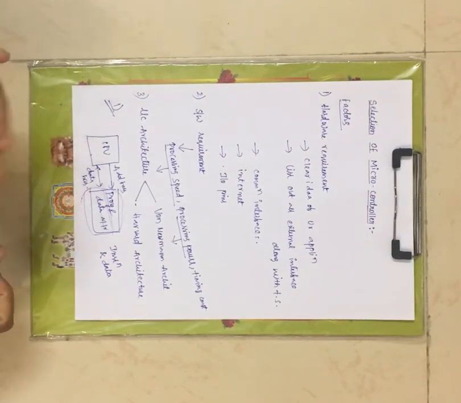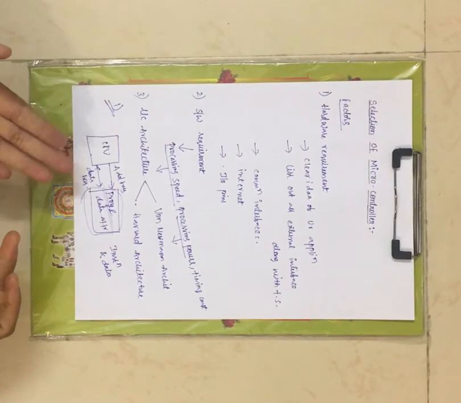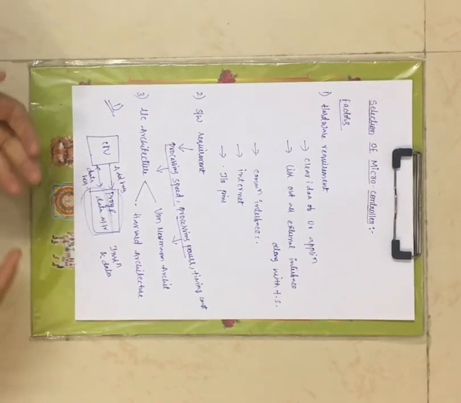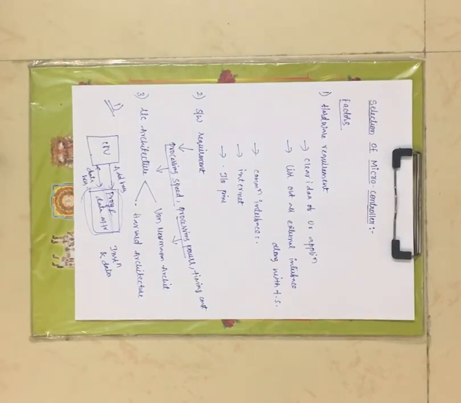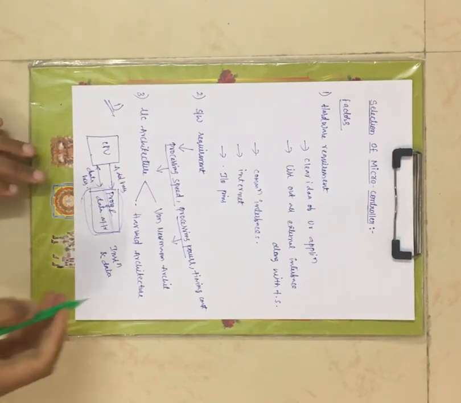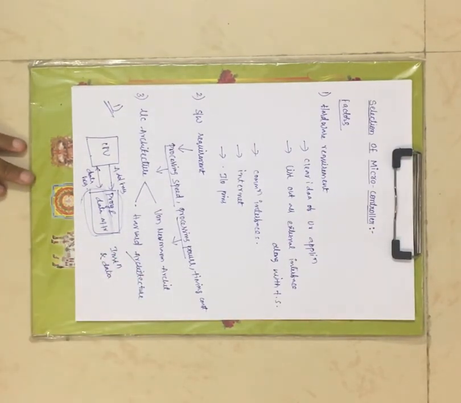If you store the program memory in one slot and data memory in another slot, there is a chance of getting the instruction and also the data at the same time. That is about your Harvard architecture.